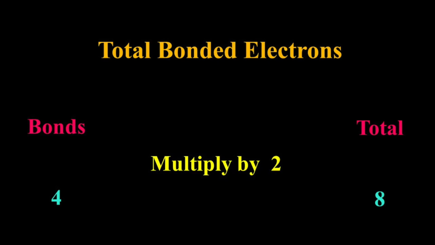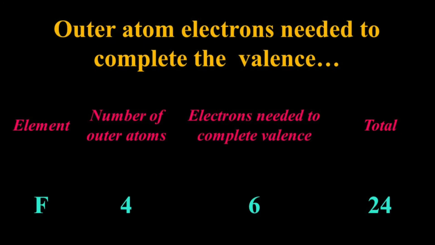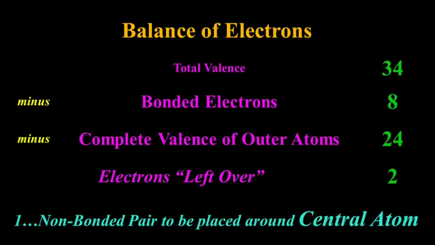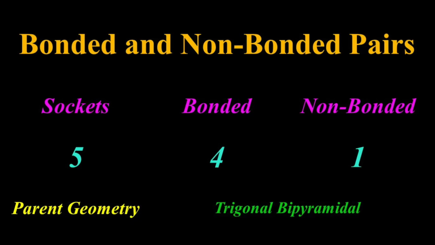And then we have 4 bonds times 2 is 8 electrons, and then we have 4 fluorine atoms, and times 6 is 24, and that gives us 2 electrons left over, so 1 non-bonded pair to be placed around the central atom. So we have 5 sockets, 4 bonded, 1 non-bonded.